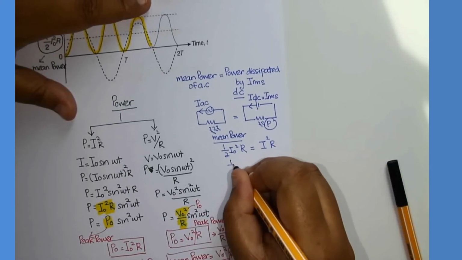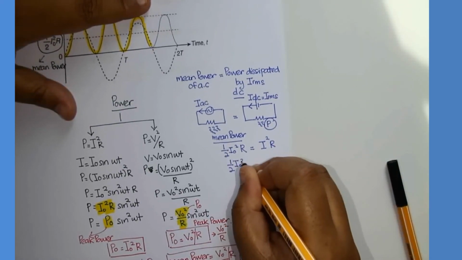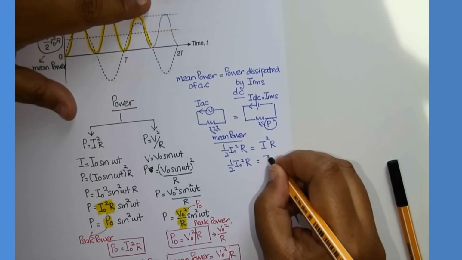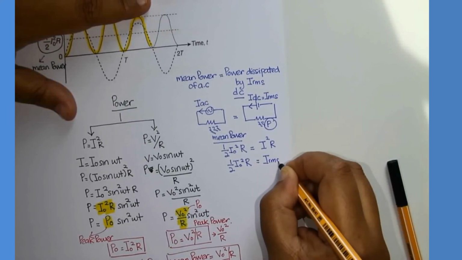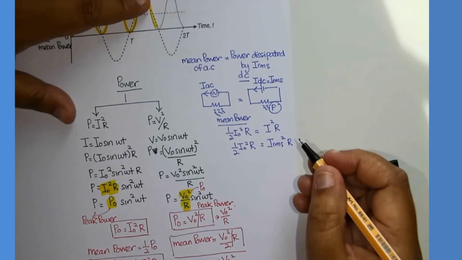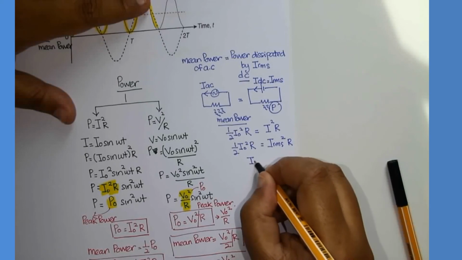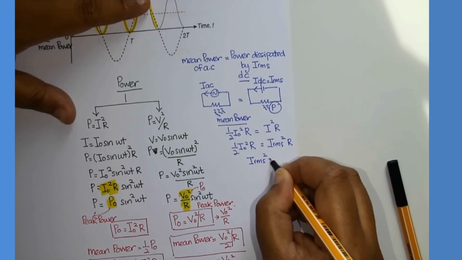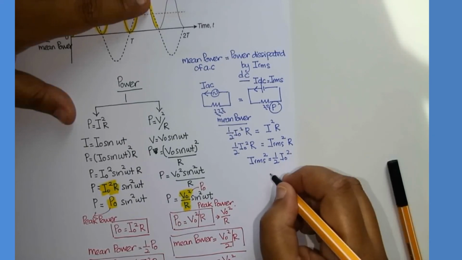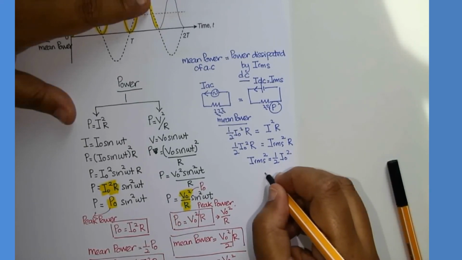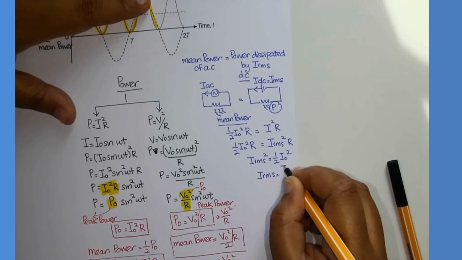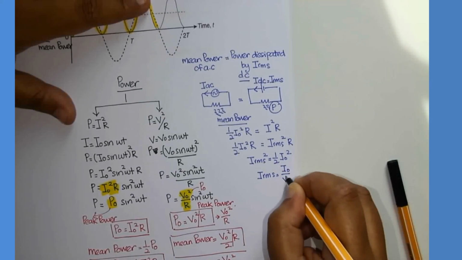So therefore half I naught square R is equal to IRMS square R, and therefore we get IRMS square equals half I naught square, and then IRMS is equal to I naught over square root of 2.